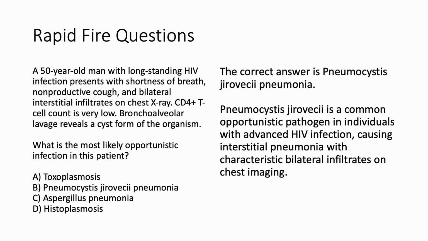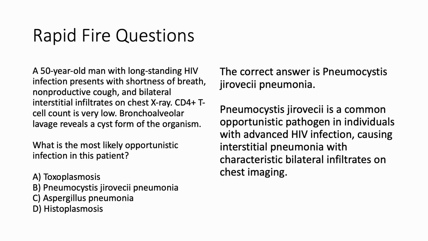A 50-year-old male patient with long-standing HIV infection presents with shortness of breath, non-productive cough, and bilateral interstitial infiltrates on chest x-ray. CD4 T cell count is very low. A bronchoalveolar lavage reveals a cyst form of the organism. What is the most likely opportunistic infection in this patient?